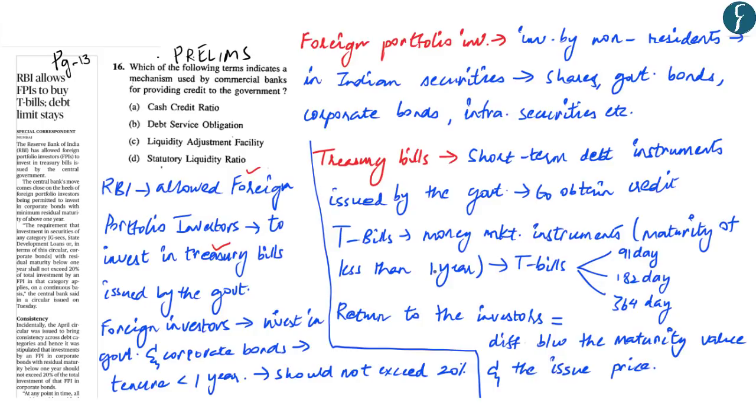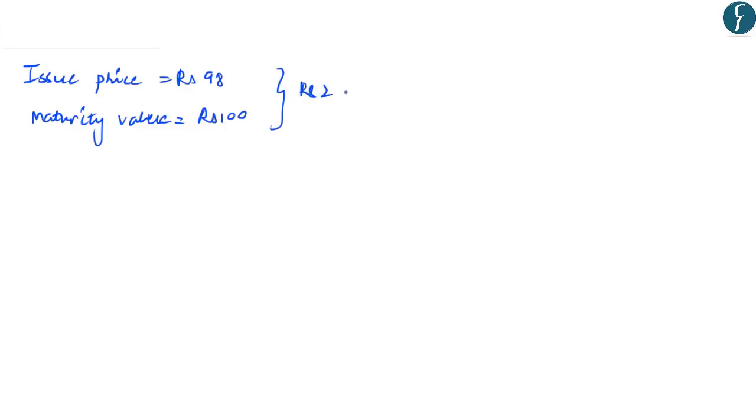So for example, say the issue price of a treasury bill is rupees 98 and the maturity value of that treasury bill is rupees 100. Then the difference of 2 rupees is the return to the investor. And usually this maturity value is equal to the face value of the treasury bill.